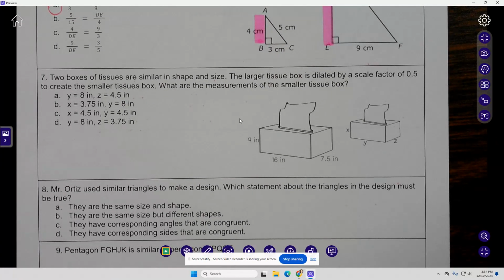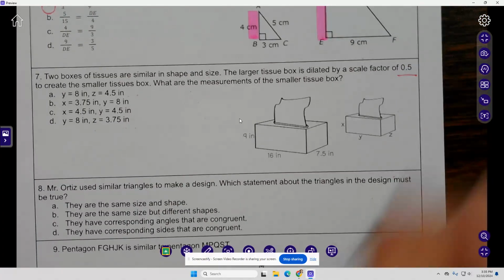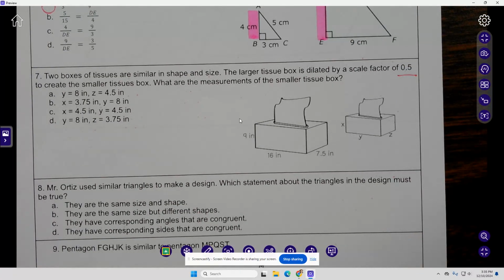Number 7, 2 boxes of tissues are similar in shape and size. The larger tissue box is dilated by a scale factor of 0.5 to create the smaller tissue box. What are the measurements of the smaller tissue box?